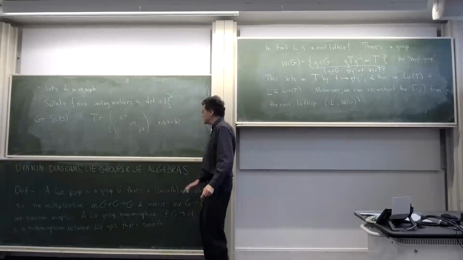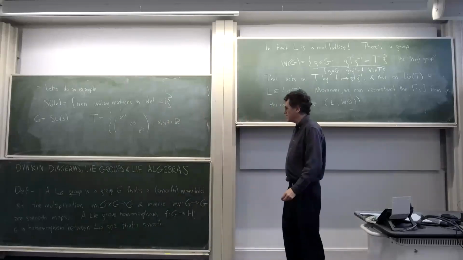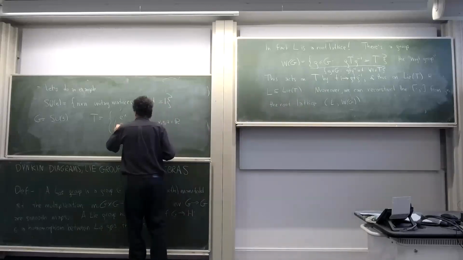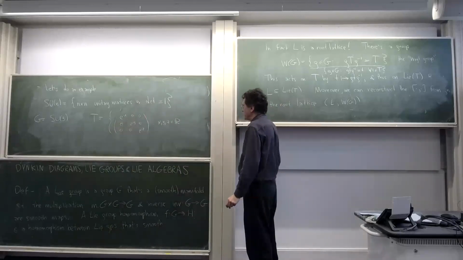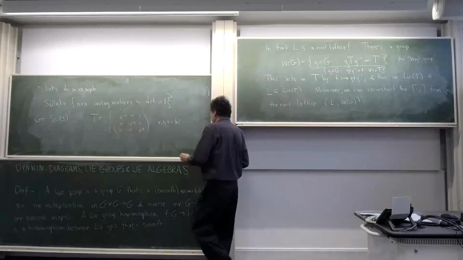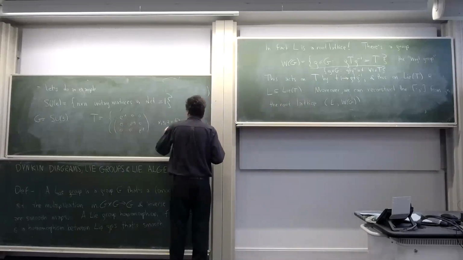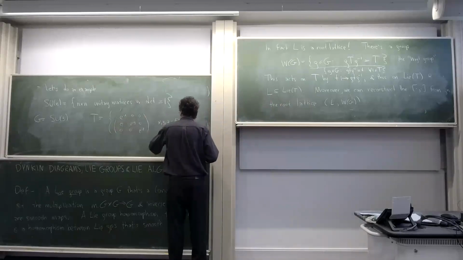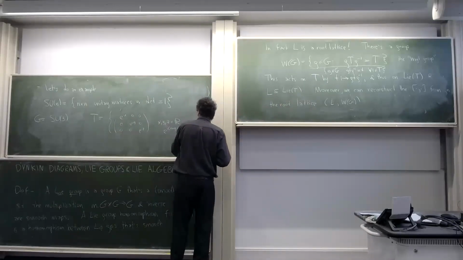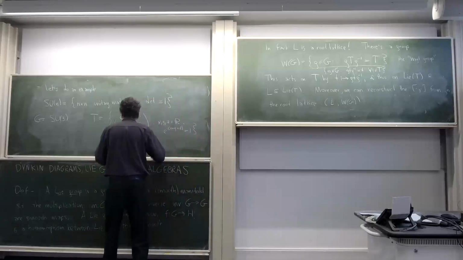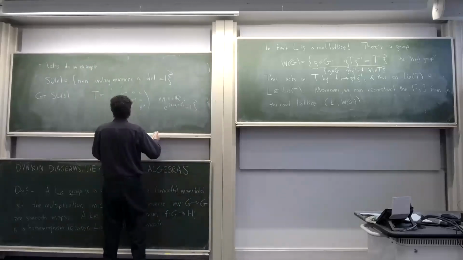Here, e to the i x, and so on, for real numbers, with zeros off the diagonal. But I want the determinant to be 1, so we want e to the i(x plus y plus z) to be 1. That's a maximal torus, you can show.